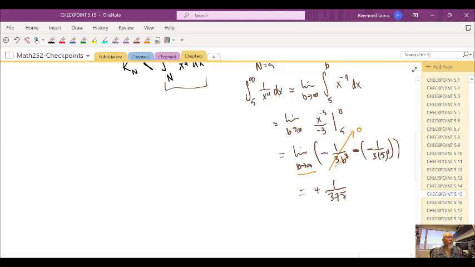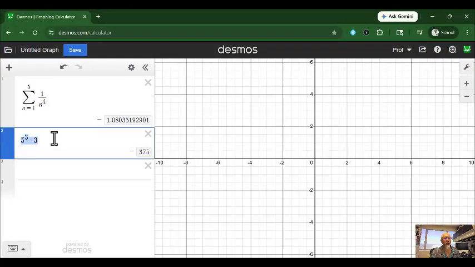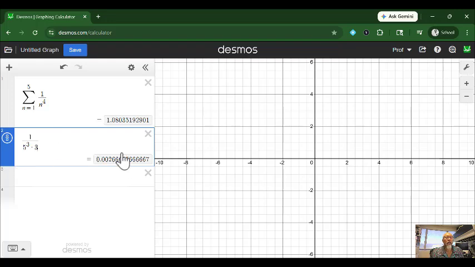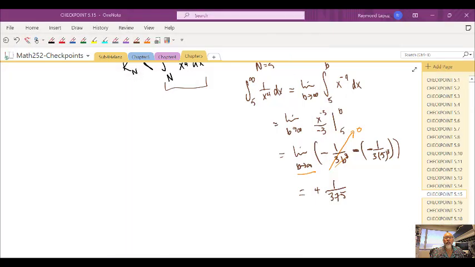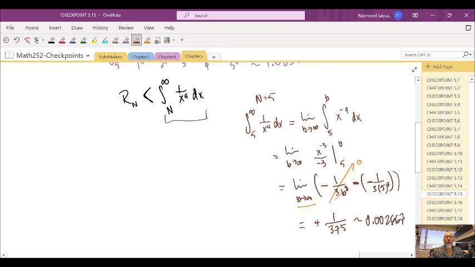If I make this into a decimal, I get 0.002667. So this is our remainder bound.